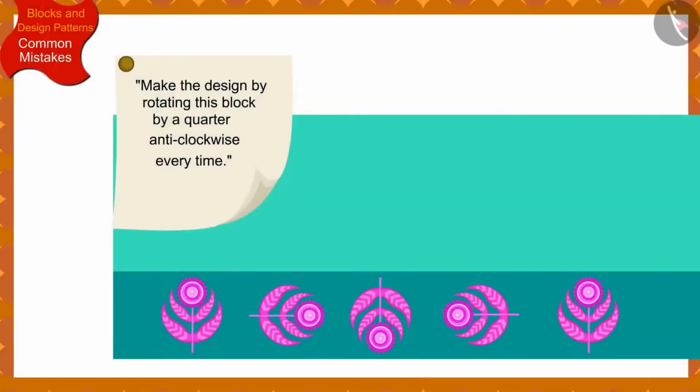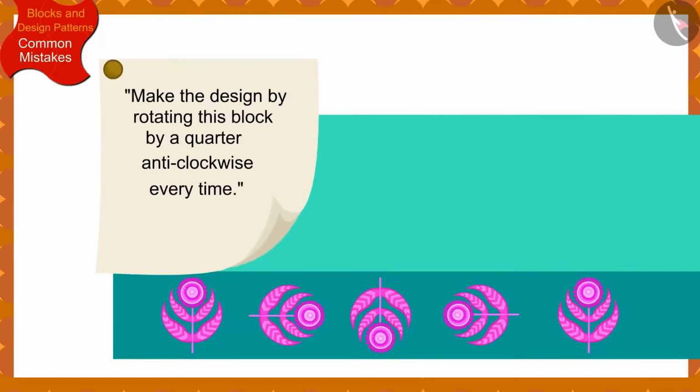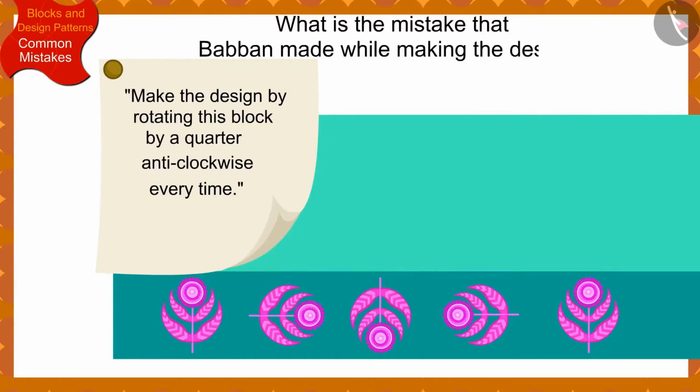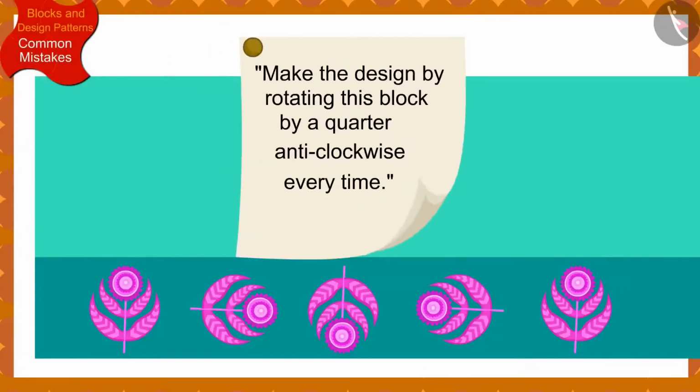Children, can you tell by looking at Banno's instructions and Babban's design what is the mistake that Babban made while making the design? If you wish to, you may stop the video and find the answer. Actually, as per the instructions written by Banno, Babban had to rotate the block by a quarter in the anti-clockwise direction every time.